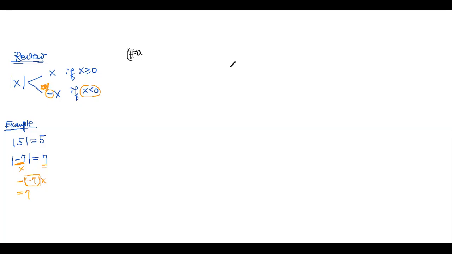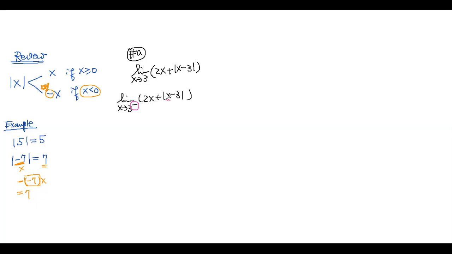Let's take a look at part A, problem A. I have the limit as x approaches 3 of 2x plus absolute value of x minus 3. Okay, as always we say, first let's take a look from the left-hand side. From the left-hand side, that means I approach x from values less than 3, right?